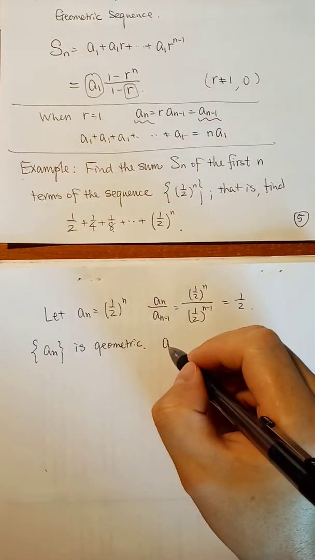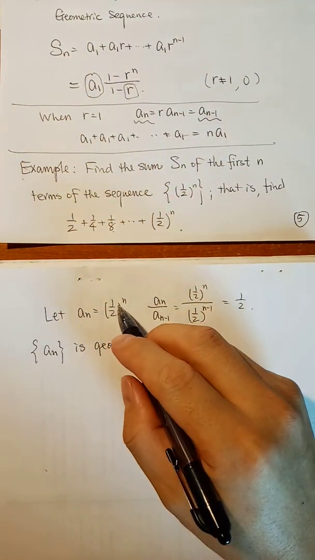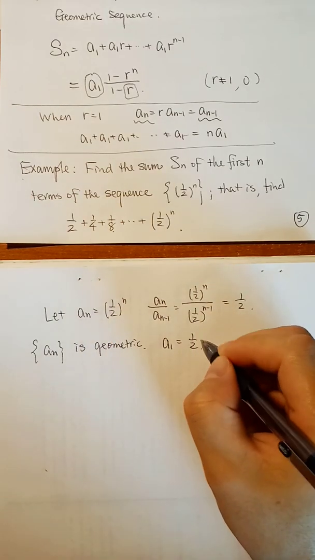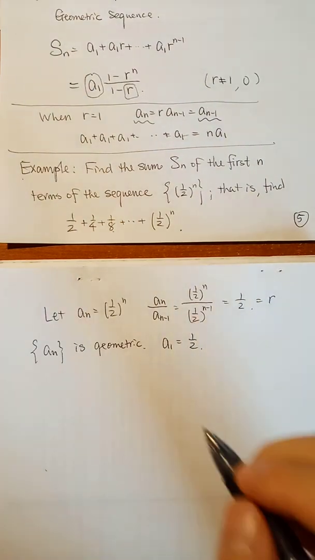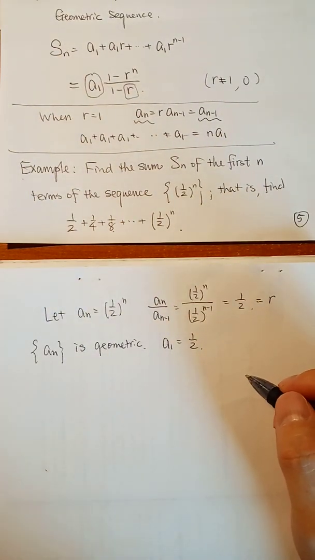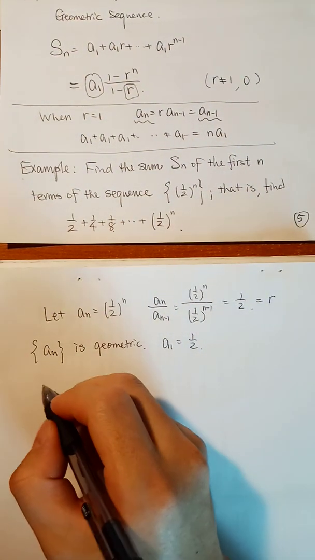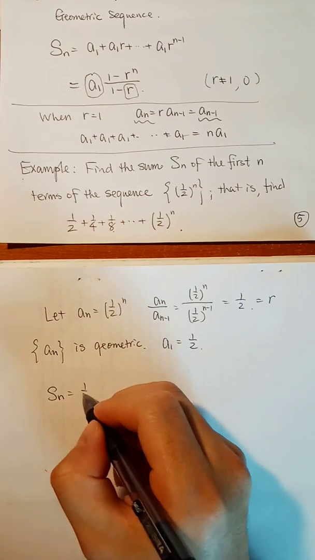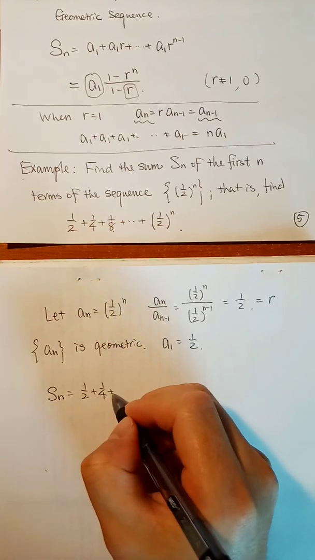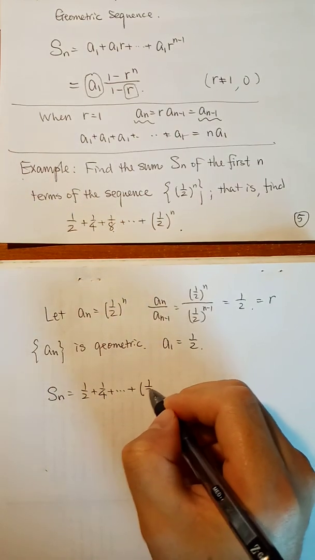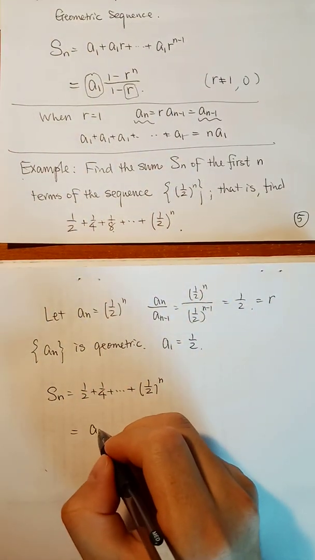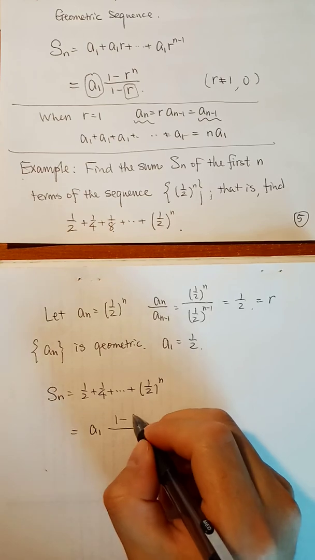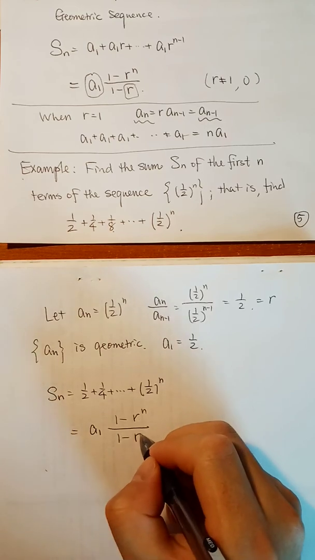And a1, when n is equal to 1, a1 is 1/2. So the ratio is 1/2. The initial term is 1/2. Then the sum Sn is the initial term times 1 minus r to n, over 1 minus r.